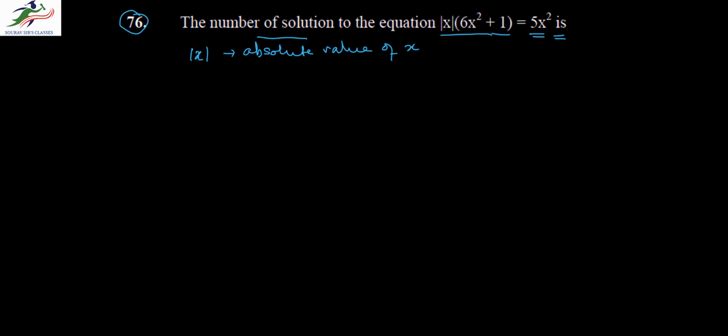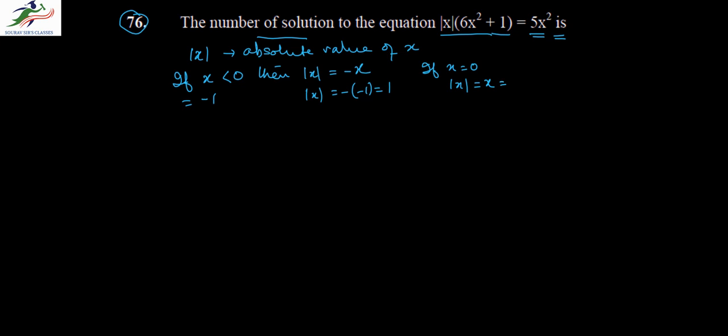Which means that if x is less than 0, then modulus of x is equal to minus x. So if let's say x is minus 1, then modulus of x becomes minus of minus 1, equal to 1. And if x is equal to 0, then mod x is equal to 0.